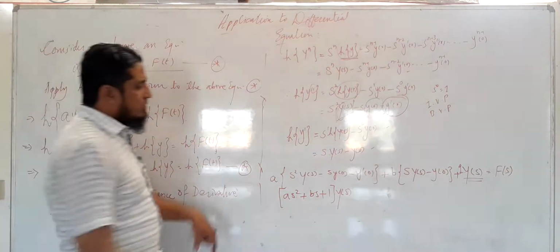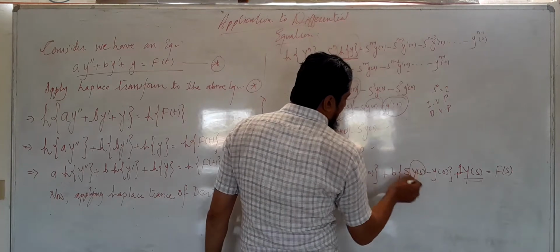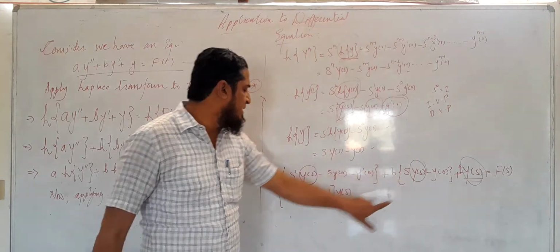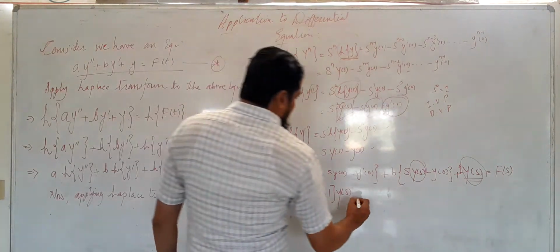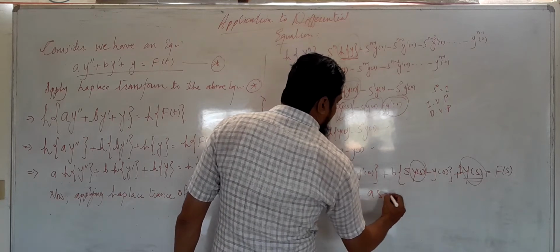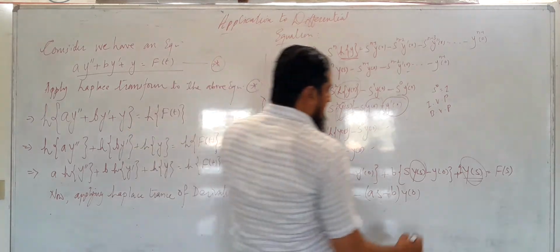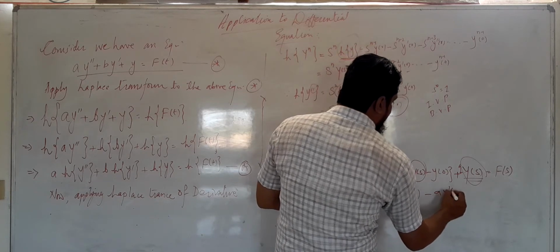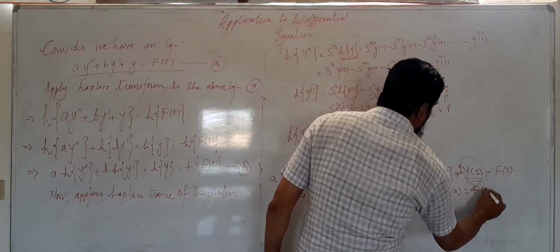We take Y of s common outside, and we have (a s square plus b s plus 1) Y of s. Similarly, minus a s minus b y of 0 and minus a y dash of 0 is equal to F of s.